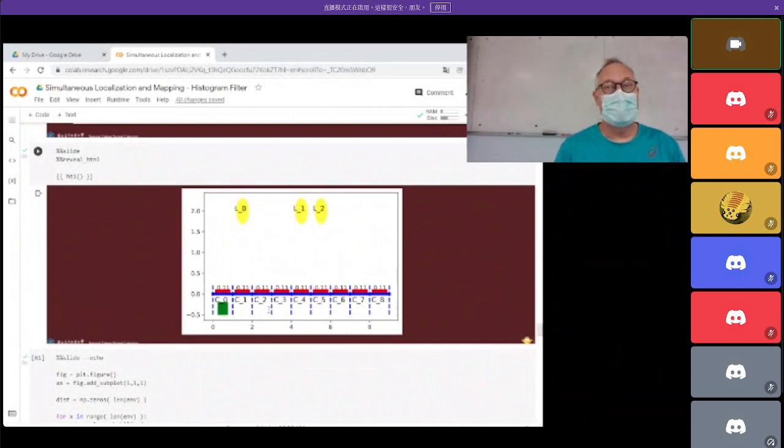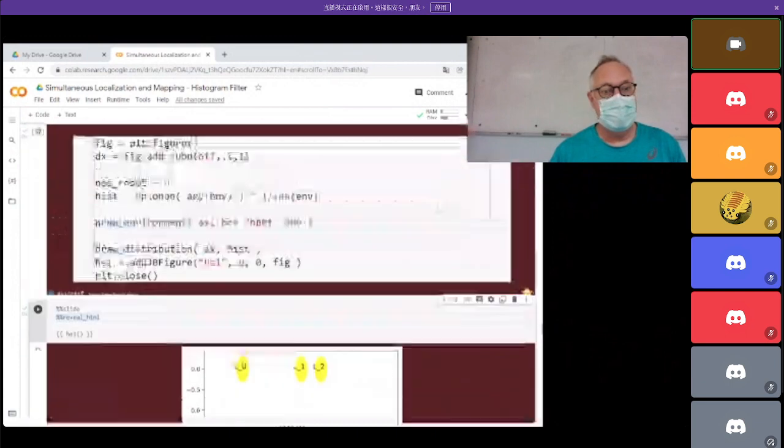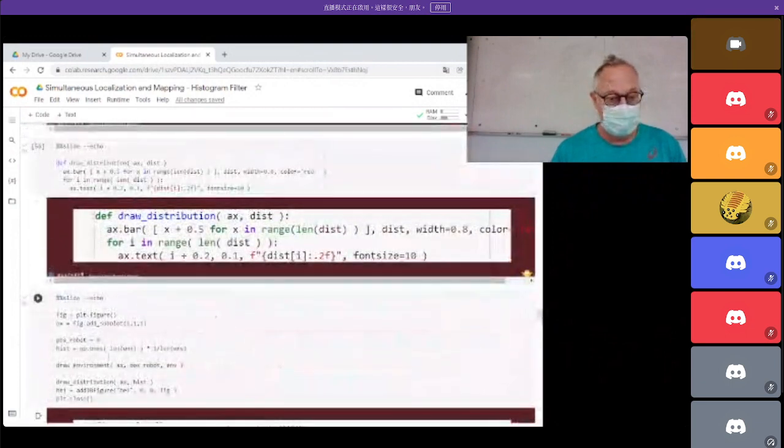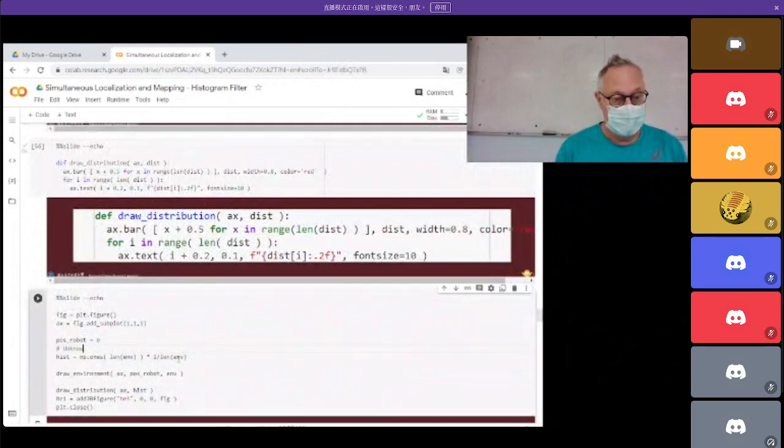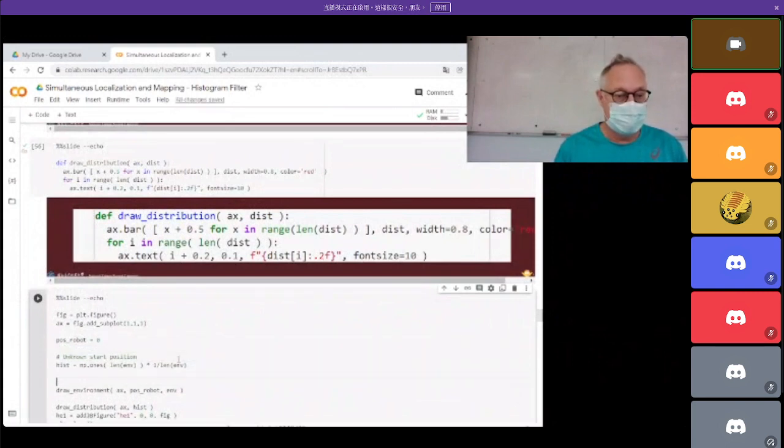If the robot started in location 0, then what should our distribution look like? The 0 will be 1 and the rest would all be 0. That's correct, yes. And then, of course, things can change, right? Here, this would be for an unknown start position.